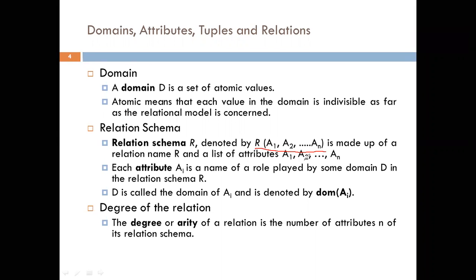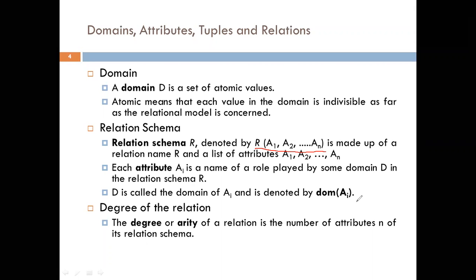Each attribute Ai is the name of a role played by some domain D in the relation. D is the domain of Ai and it is denoted by DOM(Ai). DOM stands for domain, the domain of Ai. The degree of a relation is also called the arity of a relation.